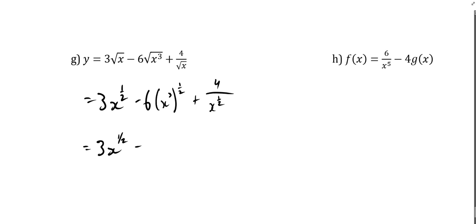Again, from grade 9, power of a power, exponent of an exponent, you multiply them. So this is negative 6x to the 3/2, and then plus 4x to the negative 1/2. And then we do the same thing. Go ahead and try that one.